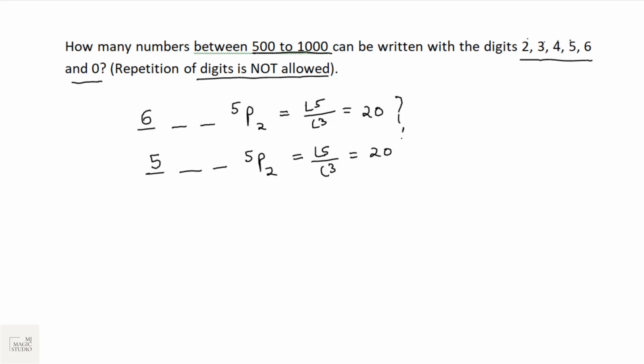So, only 40 numbers we can frame with these digits, which will lie between 5000 and 10000. In the box given, we will type in 40, and that should be the answer.